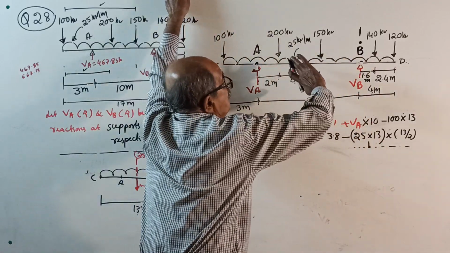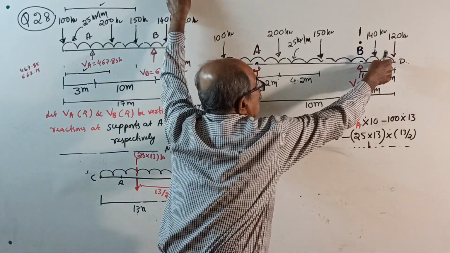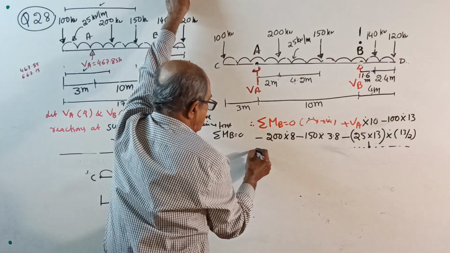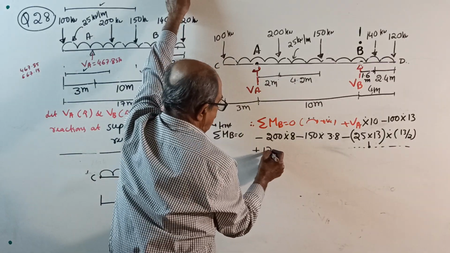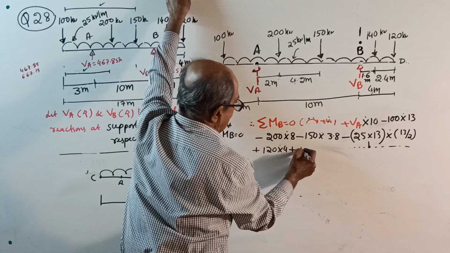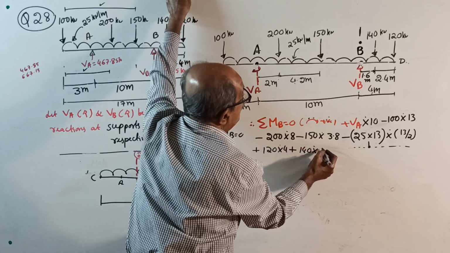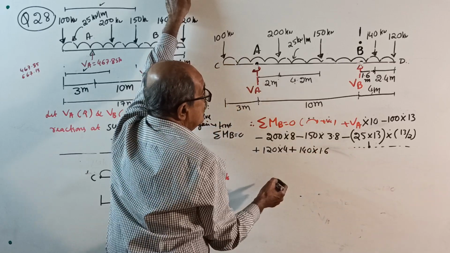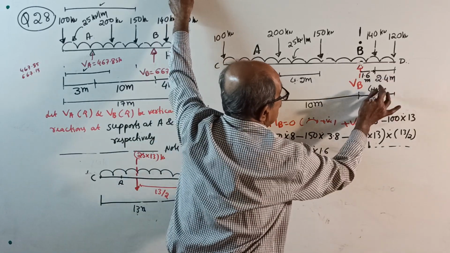Then when you go that side, all this load will produce clockwise moment, plus 120 into 4 plus another 140 into 1.6. If it is not there, 4 minus 2.4.